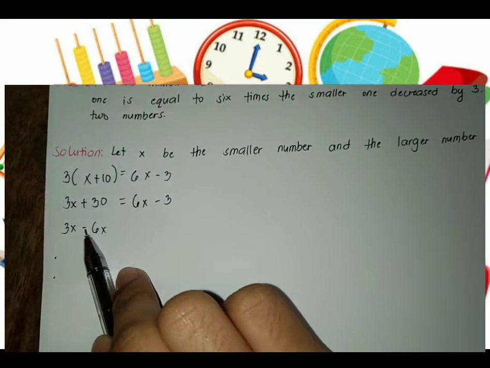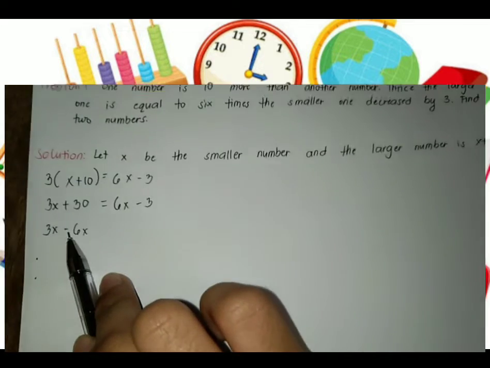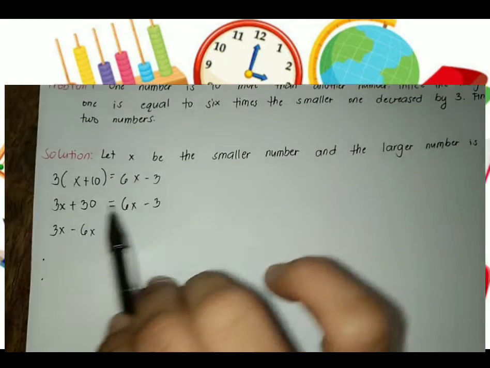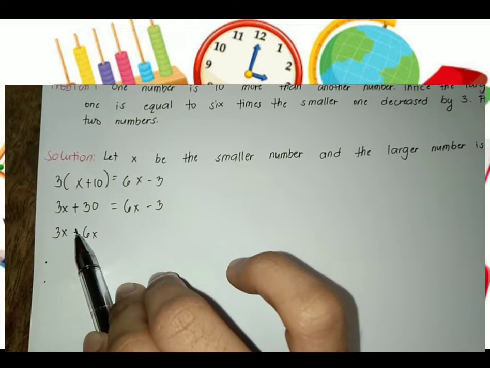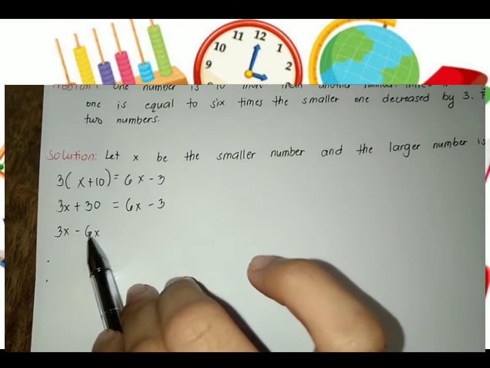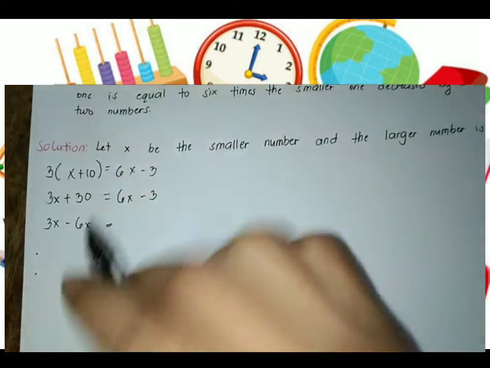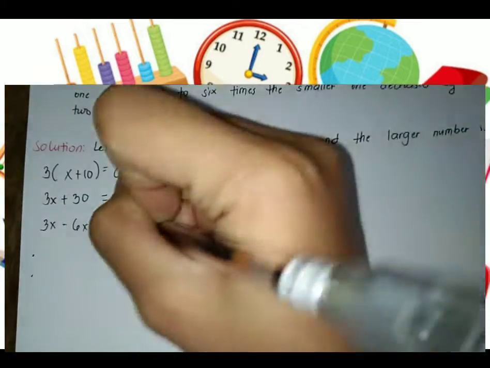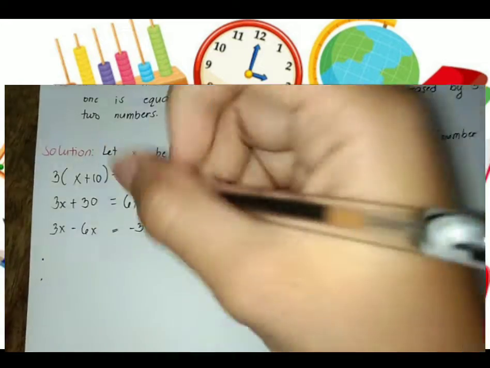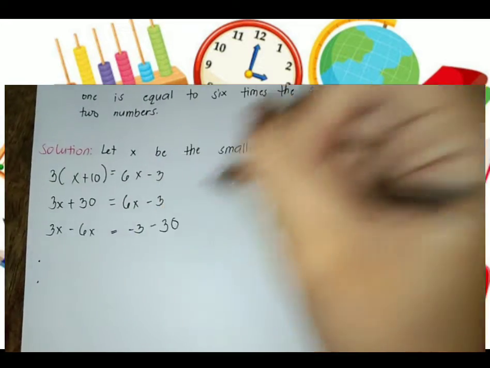The sign will change, because every number that we put on the other side will have its sign changed. So negative 6x, and the negative 3. We transfer the 30 to the right side, which is negative 30.